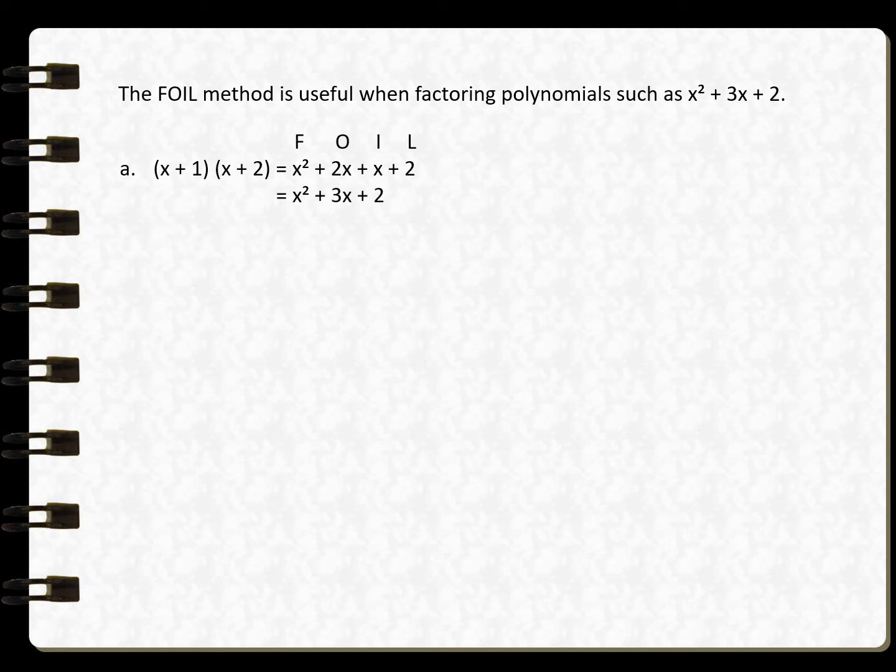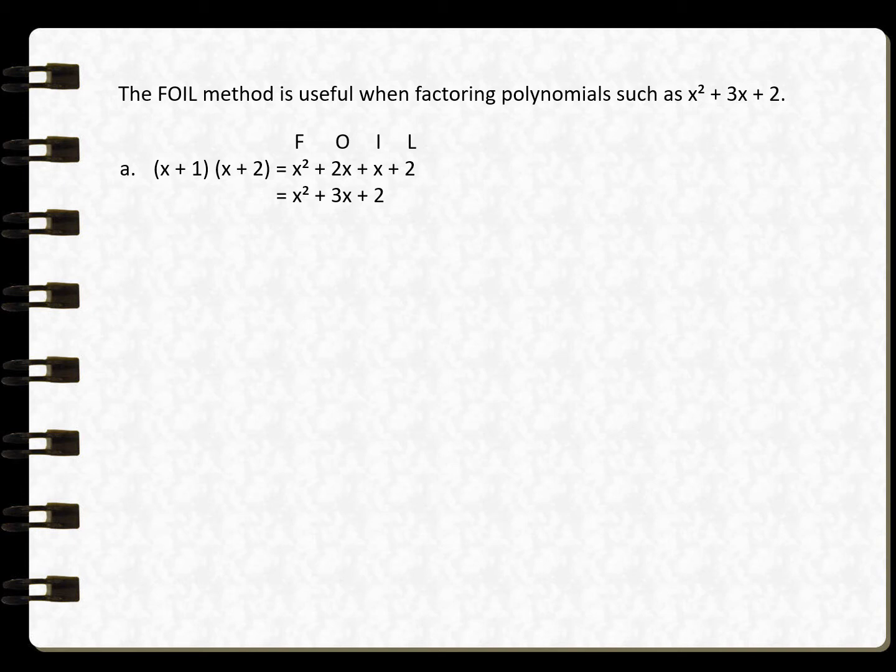So, x plus 1 times x plus 2 gives us x squared plus 2x plus x plus 2, where x squared is the first term, 2x is the outer term, x is the inner term, and 2 is the last term. If we are going to simplify it, that gives us x squared plus 3x plus 2. Kapag pinag-times po natin yung x plus 1 and x plus 2, ganyan po yung magiging sagot natin, x squared plus 3x plus 2.